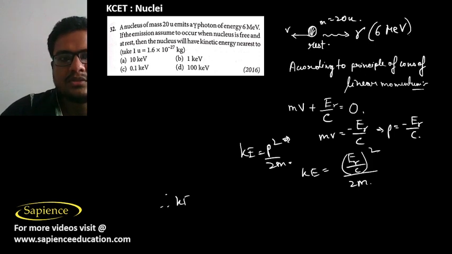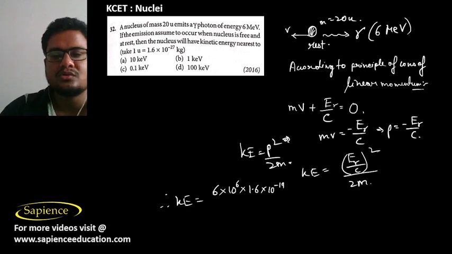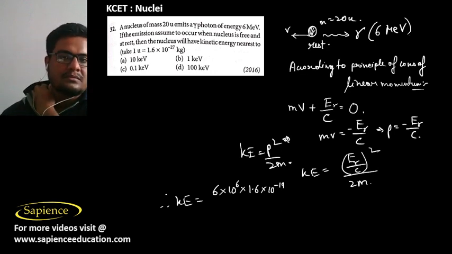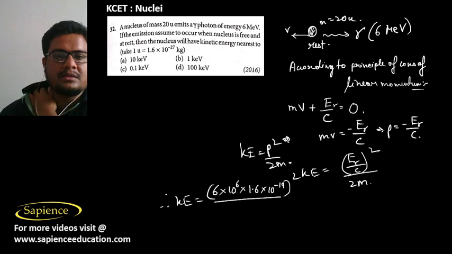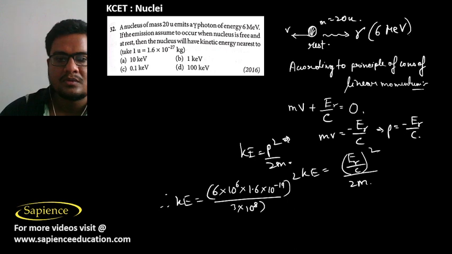For the kinetic energy of the nucleus, that will be equal to the energy of the photon, 6 mega electron volt. So 6 into 10 power 6 electron volt is 1.6 into 10 power minus 20 whole square divided by c square. So 3 into 10 power 8 whole square into 1 by 2, 2 into mass is 20.